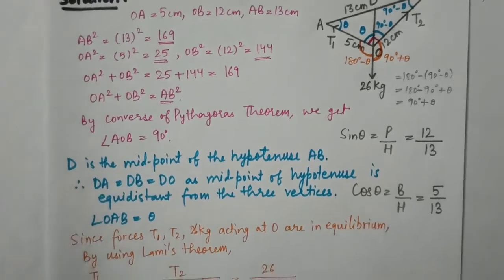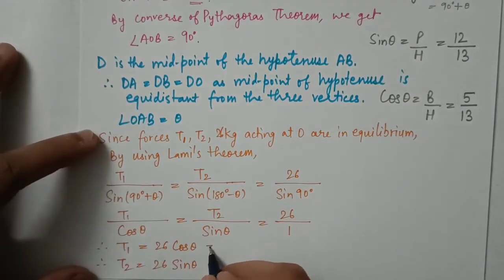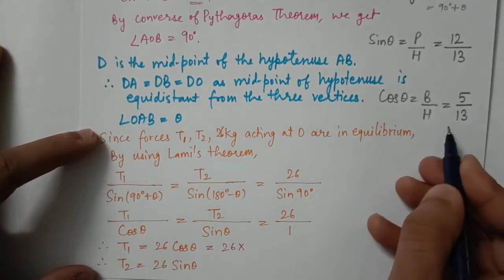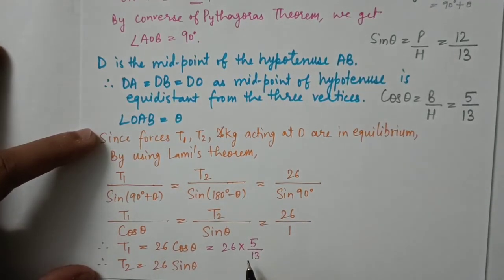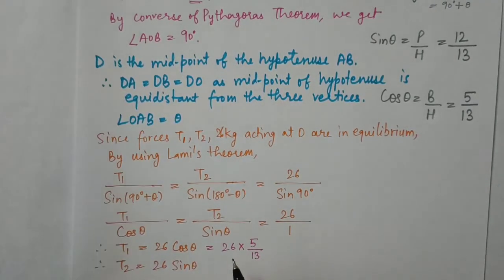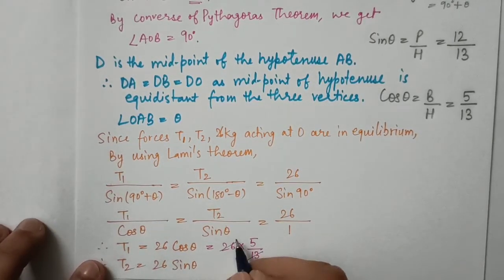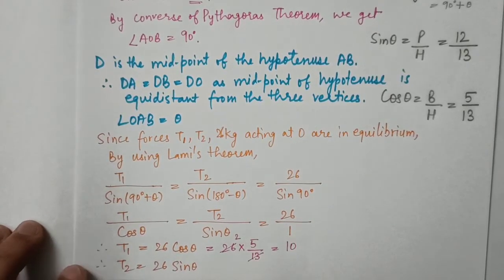Okay, so now we have that T1 is equal to 26 into cos theta, which means 26 into, what is the value of cos theta? 5 upon 13. So let us put here 5 upon 13. So 13 twos are 26, which means when we cut, here will come 2, and this will be equal to 2 into 5, 10.